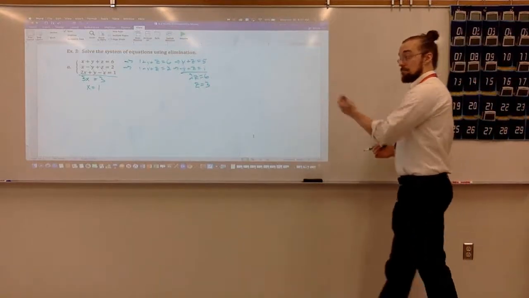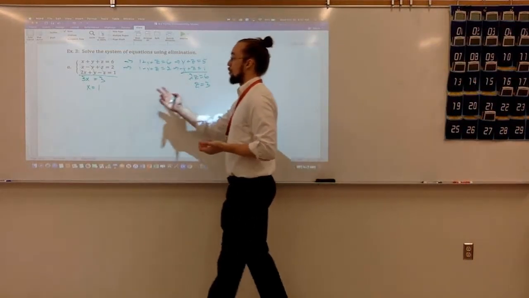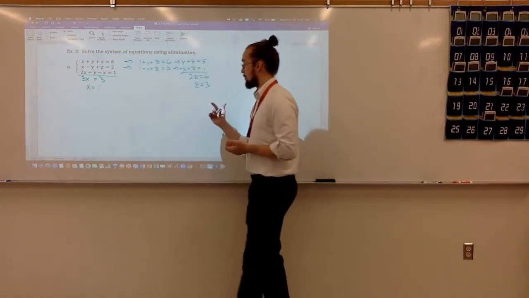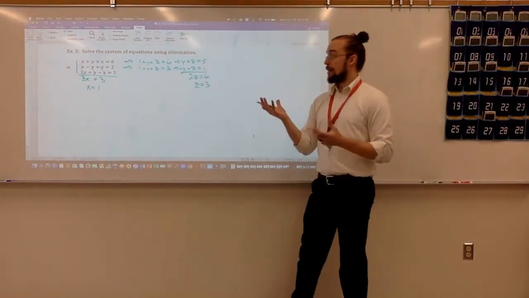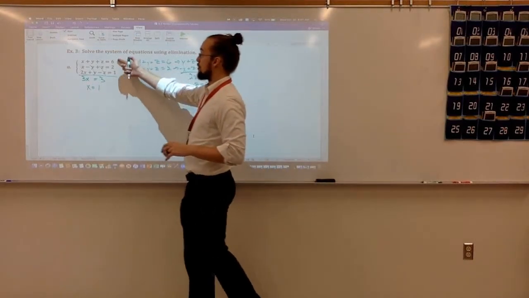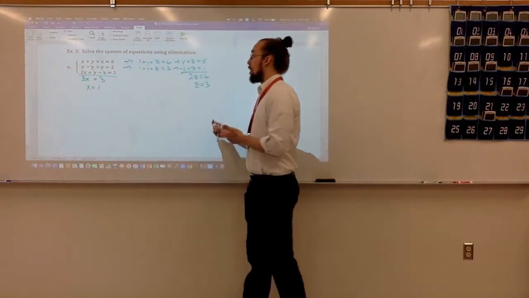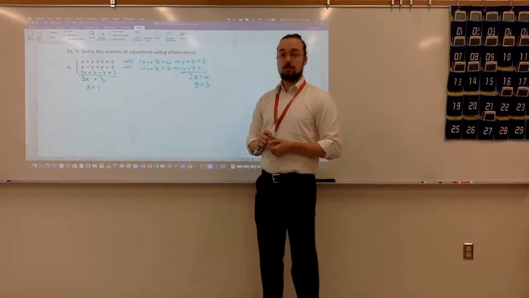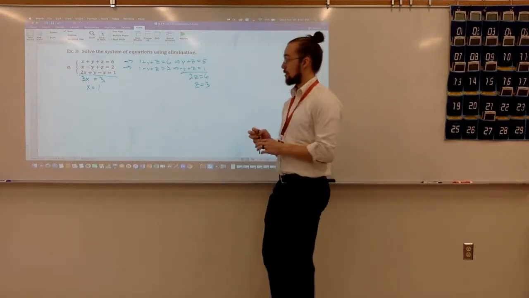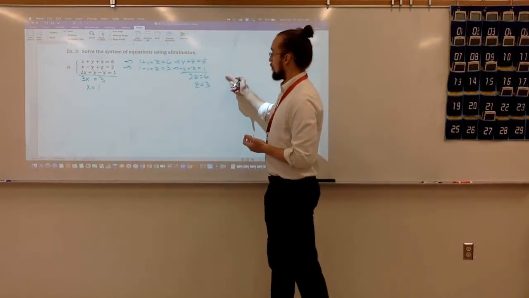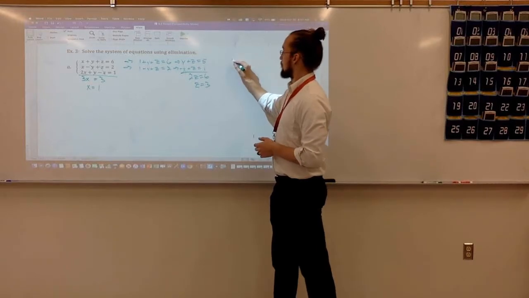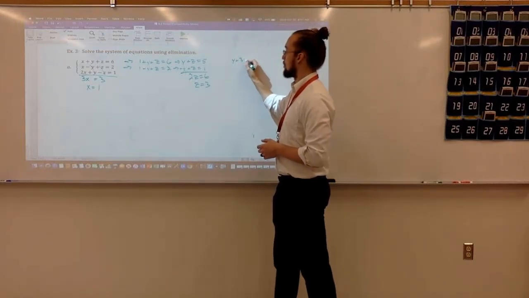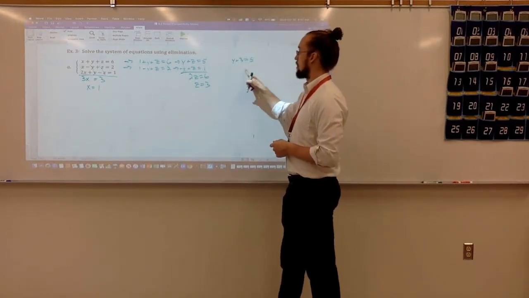So now I've got 2 of my coordinates. I could actually just plug z equals 3 back into one of these equations to solve for y. So if I plug z equals 3 into this first one, I'll have y plus 3 equals 5.